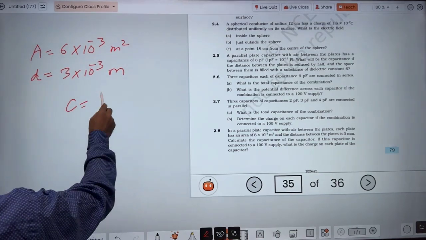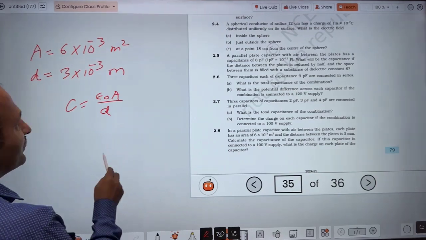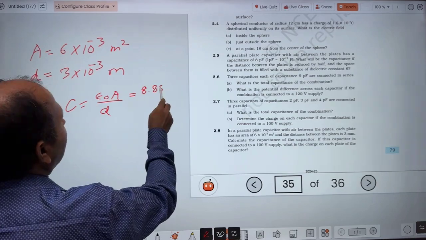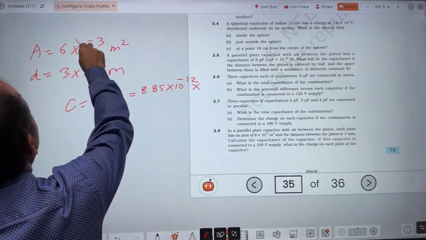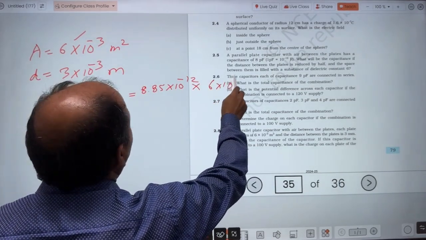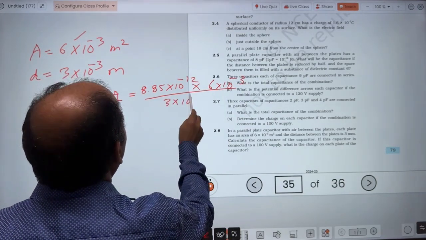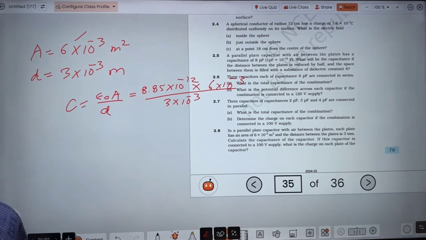Now evaluate it. You can easily evaluate.